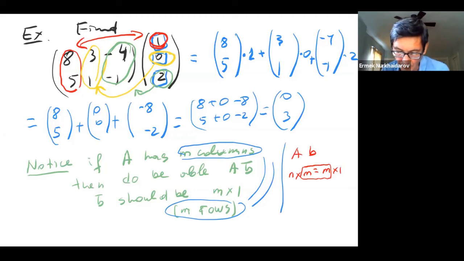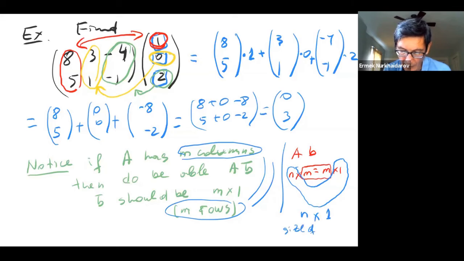And if you notice it even further, the remaining ones, these ones and 1, that will be the size of the outcome, the dimension of the answer. Okay?